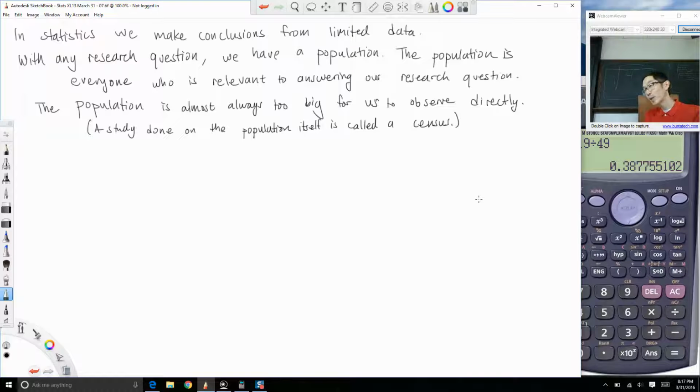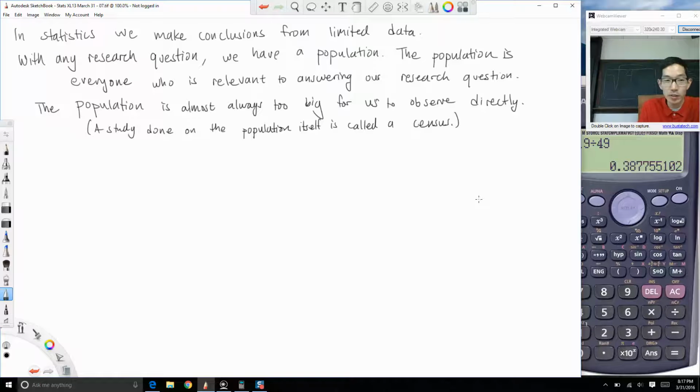We have a population census once every 10 years, and we also have an election census every 4 years, to see who people want in elected positions and things like that. But they're very costly to do, and so, unless you're the government with large resources available to you, you can't really do direct studies on the population.